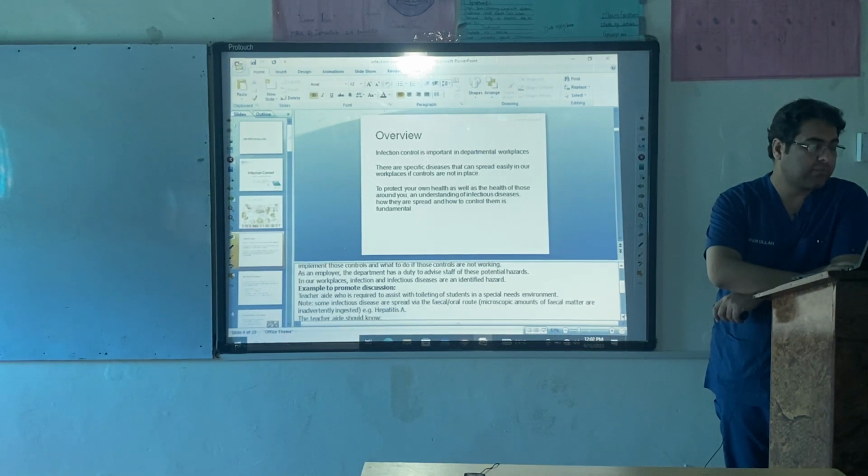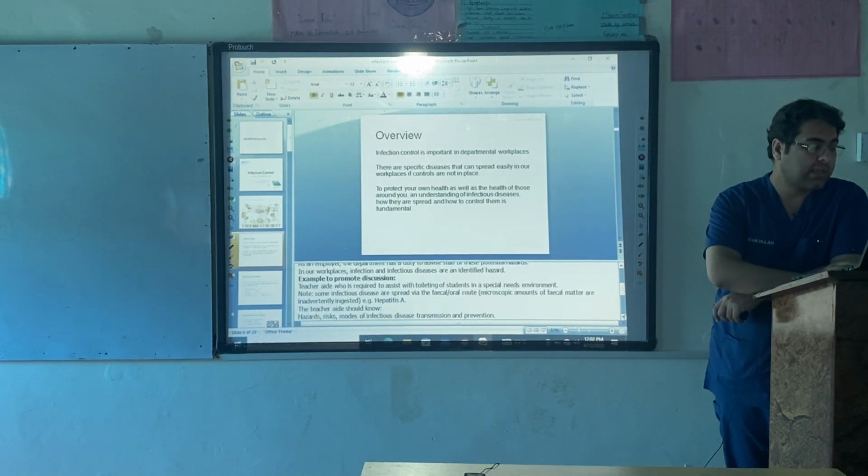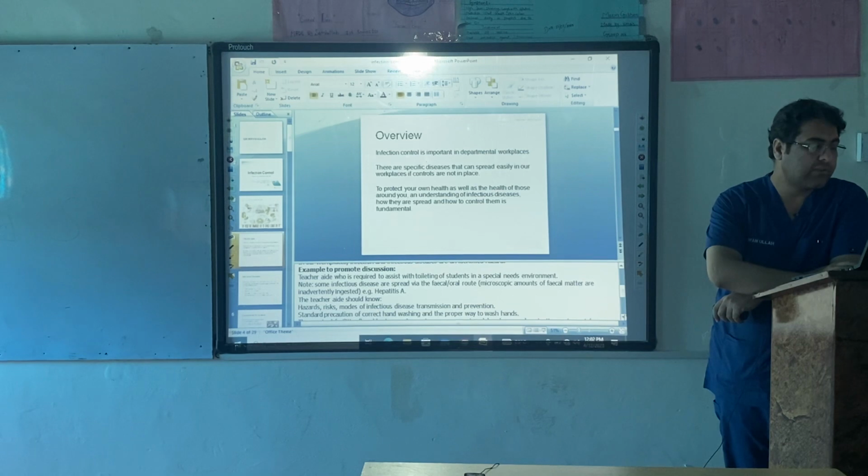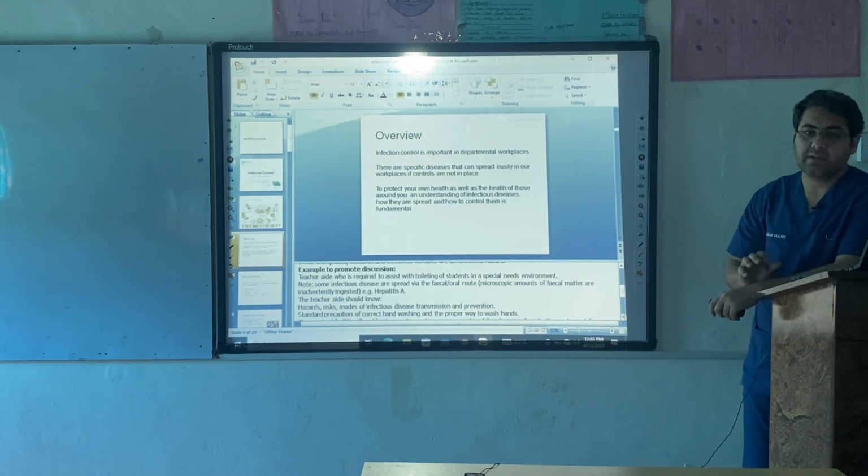For example, to promote the discussion, consider a teacher aide who is required to assist with toileting of students in a special needs environment. Some infectious diseases are spread via the fecal-oral route, where microscopic amounts of fecal matter are inadvertently ingested, for example hepatitis A. This is a common thing.